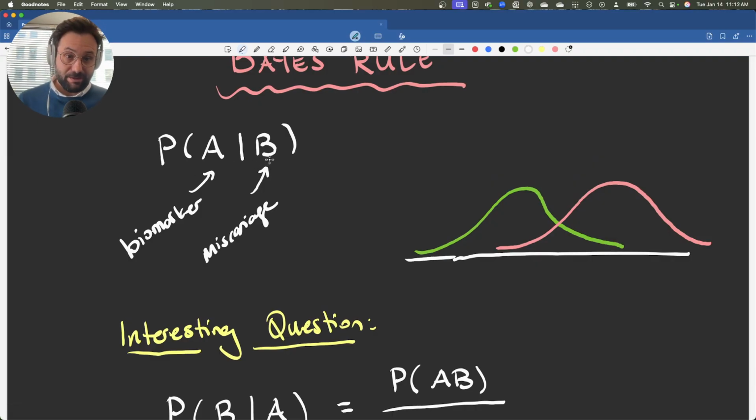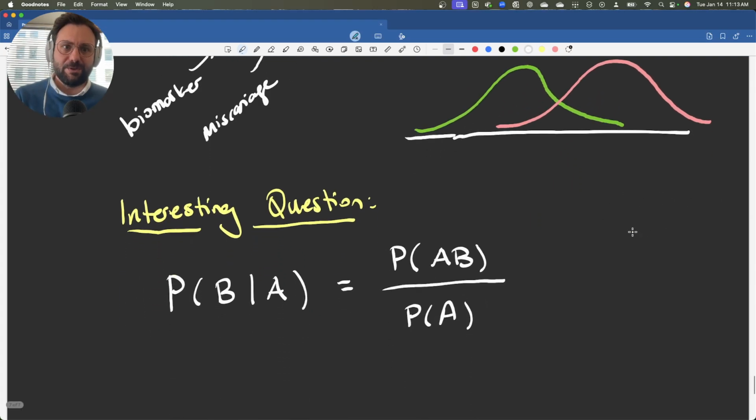We can think about a data set in which on the one hand side the measurements of the biomarker for healthy patients, healthy pregnancies, and on the other, the list of numbers for the pregnancies that end with miscarriage, and we can easily draw these histograms, right? But they are not directly applicable to our use case.